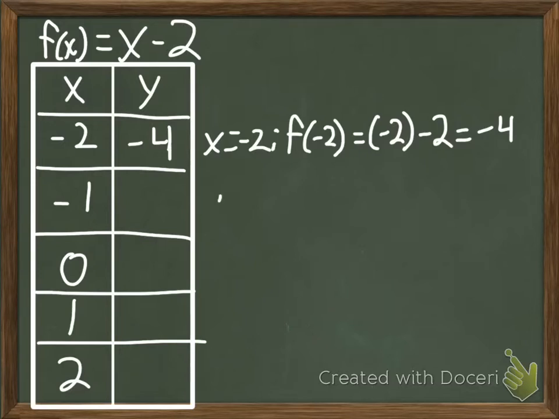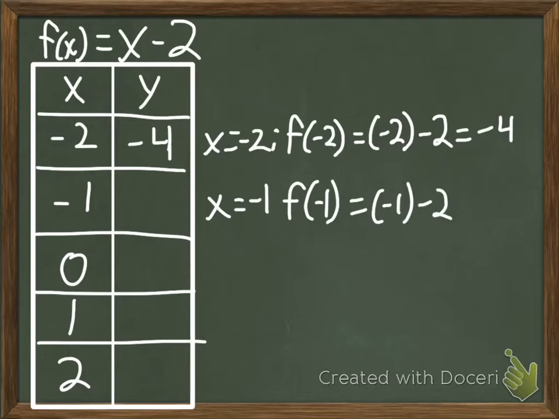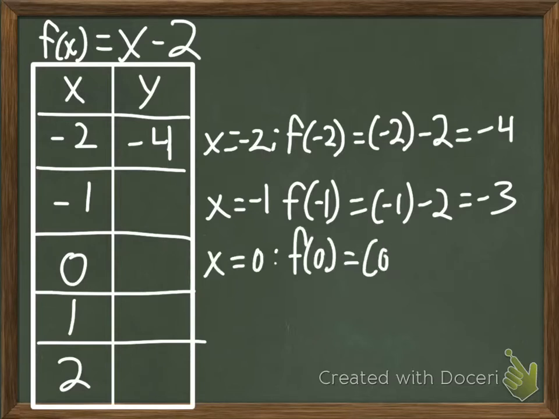And I'm going to do the same thing for x equals negative 1. Replace all my negative 2's with a negative 1. Negative 1 minus 2, negative 3. X equals 0. So that replaces. So we get parentheses 0 minus 2. And 0 minus 2 is negative 2.